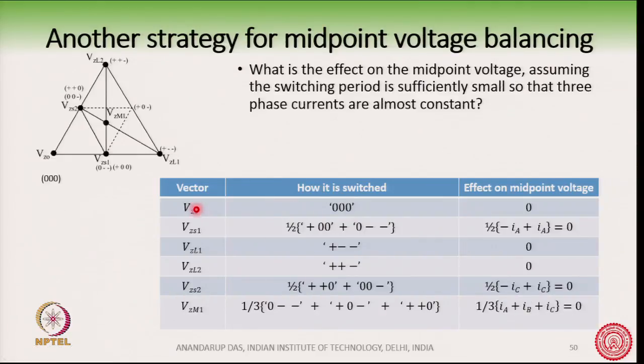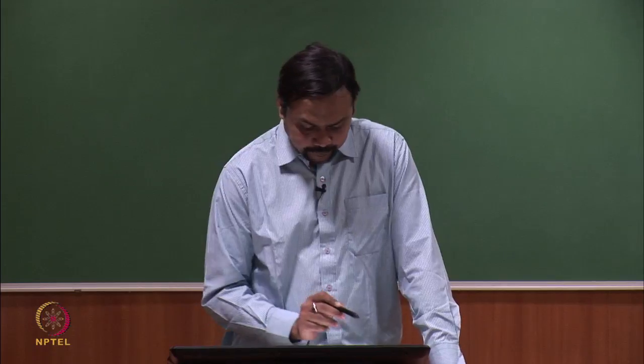So, again we assume that the TS period, switching period, is sufficiently small, so that all the currents are almost constant to their values. Now let us see what will be the effect on the midpoint voltage.